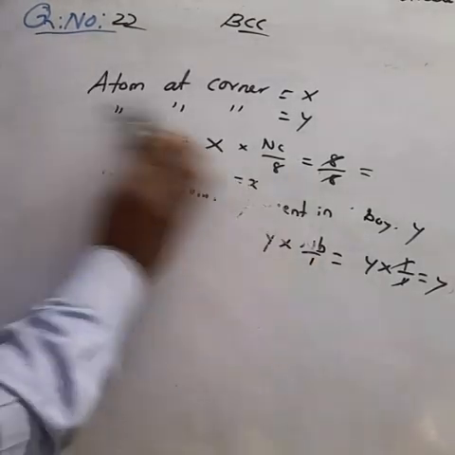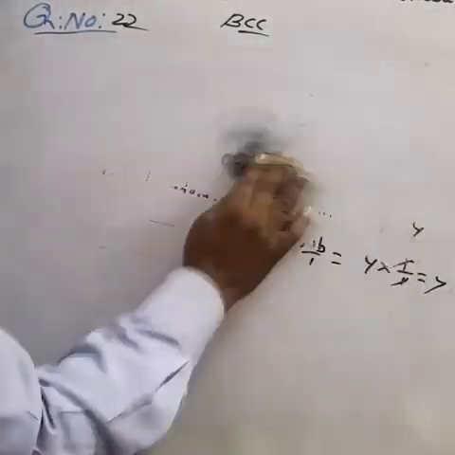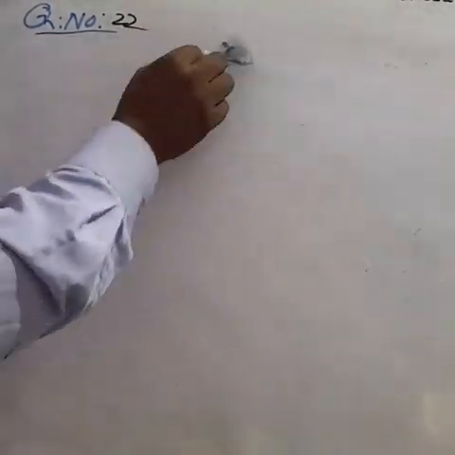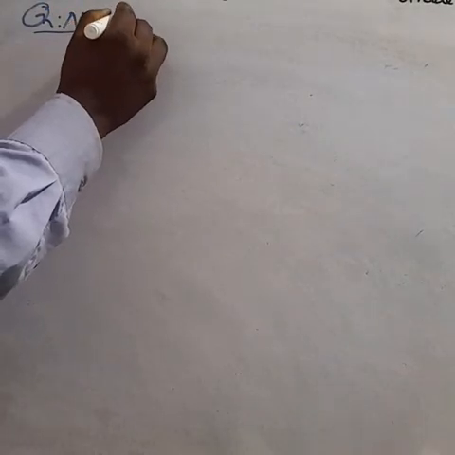The last question. Page number 201, book back question, question number 23. Sodium metal crystallizes in a BCC structure with the edge length of the unit cell 4.3 into 10 raised to minus 8 centimeter. Calculate the radius of the sodium atom. The given a is 4.3 into 10 raised to minus 8.